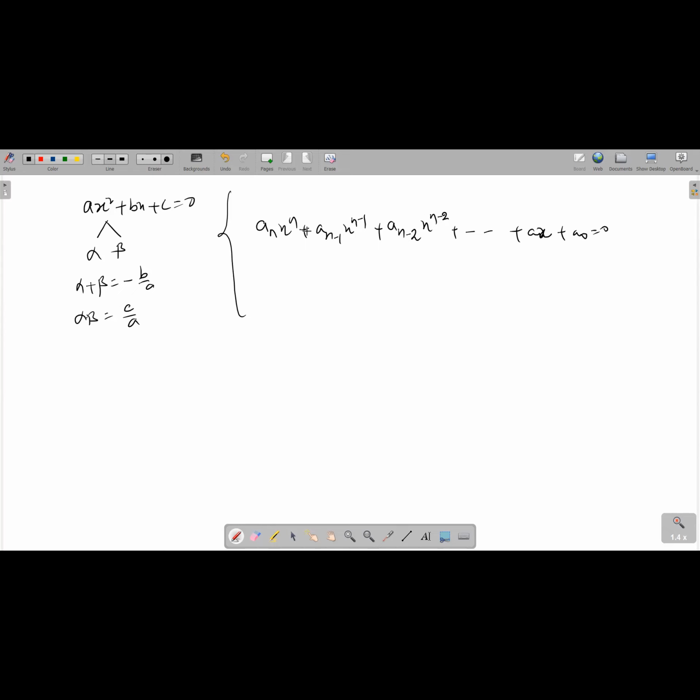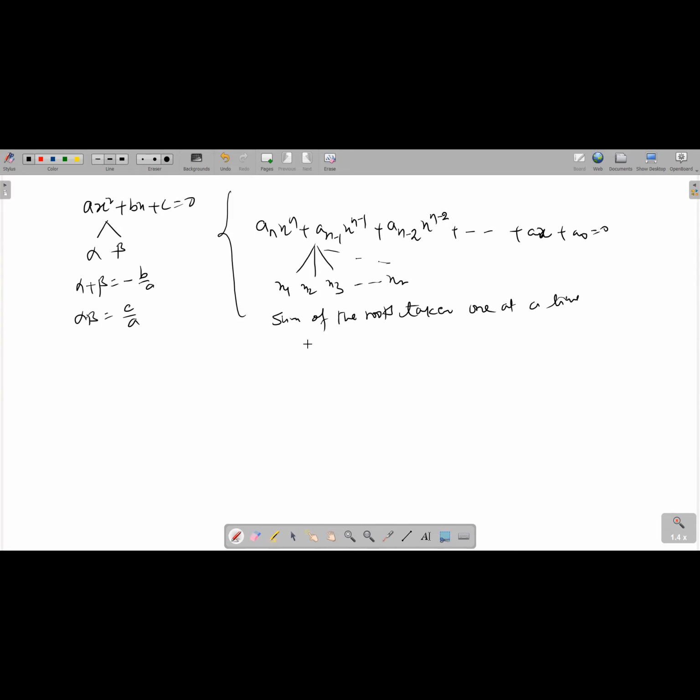So this is the polynomial of degree n. So we'll have n different roots x1, x2, x3, up to xn. First we write the sum of the roots taken one at a time.